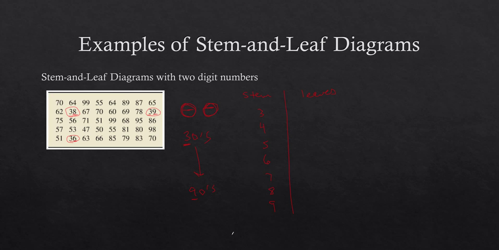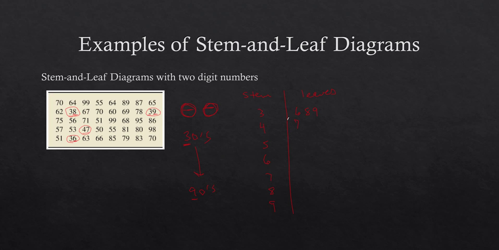Now when you write these down, you don't want to have to do it twice, so let's write them in numerical order. 6, 8, 9. So what that tells you is this is the number 36, 38, 39. So as for 40s, in the 40s we should only have one value over here, 47.